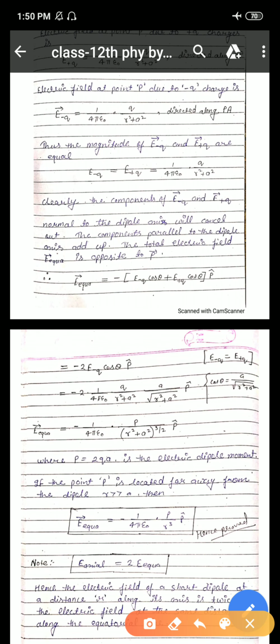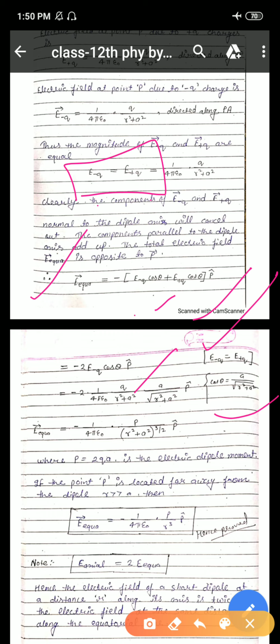See, so the equatorial electric field is minus E minus Q cos theta plus E plus Q cos theta, P is the unit vector. Now we know minus Q and plus Q fields are equal, so we can write here minus 2 E minus Q cos theta P, because both are equal. Now putting the value of cos theta, cos theta is a upon under root r square plus a square.